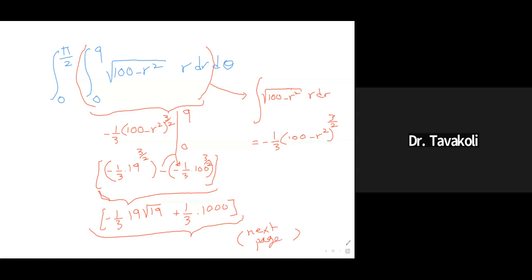So what I have here equals that number, minus 1/3 times 19 radical 19 plus 1/3 times 1000.